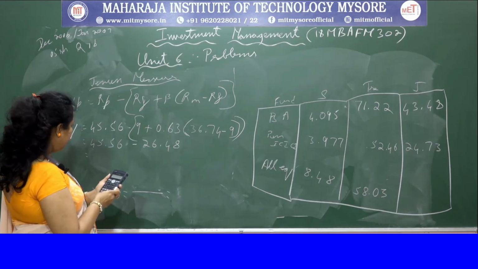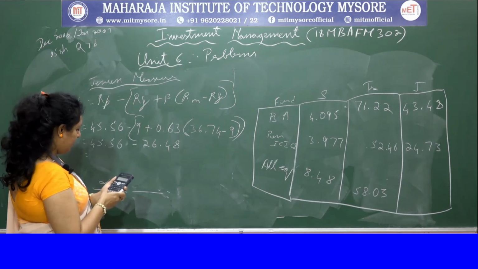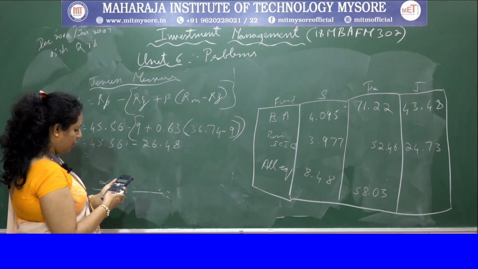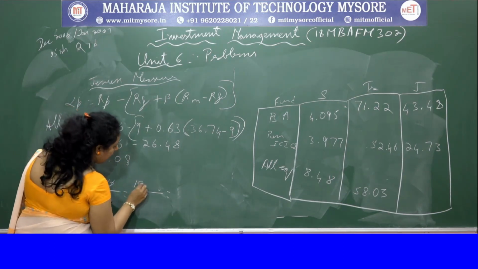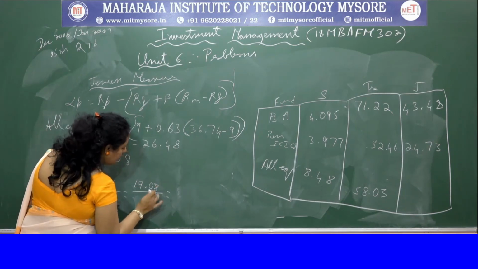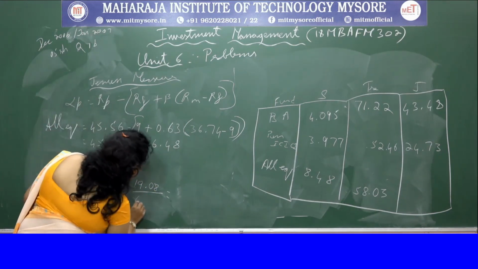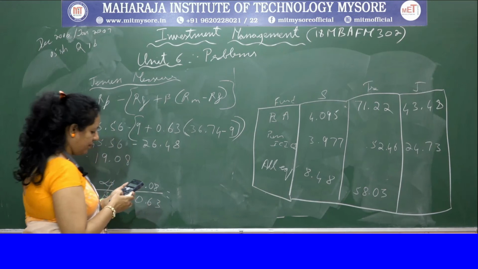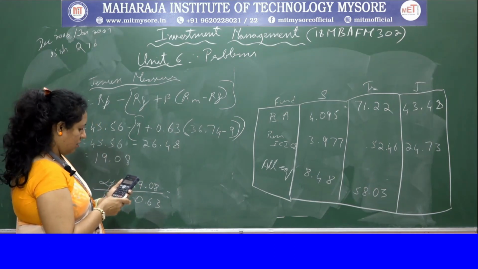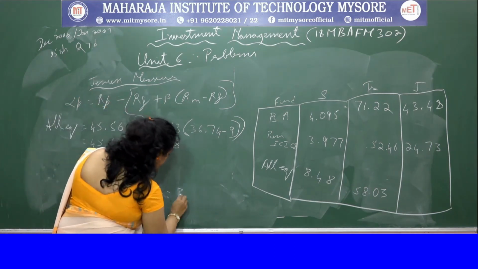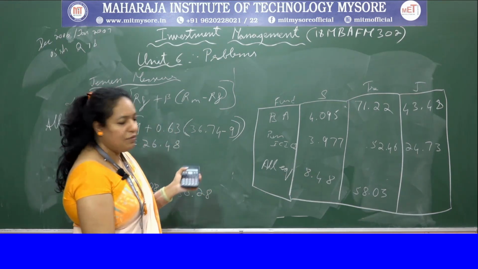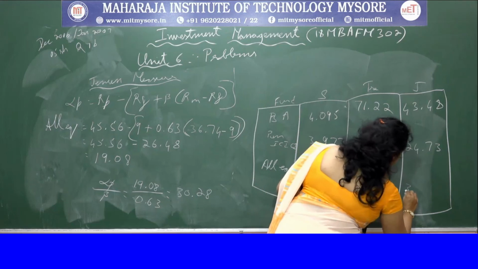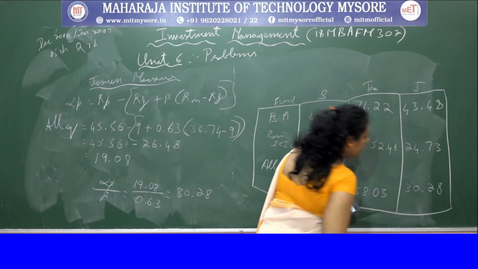So 45.56 minus 26.48, you get 19.08. 19.08 divided by 0.63, your answer is 30.28. This is the final answer which you get. So here we'll write 30.28.